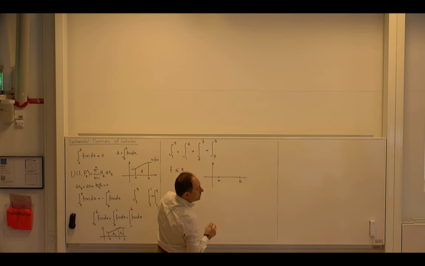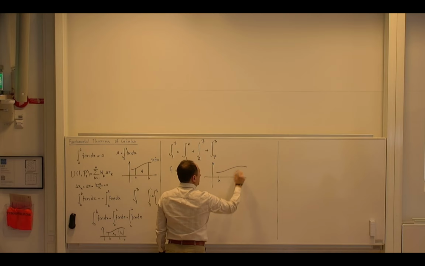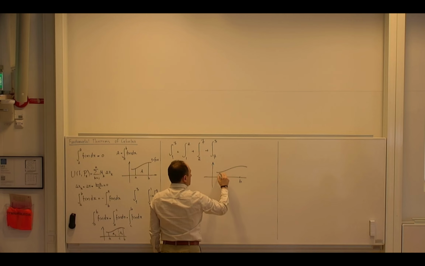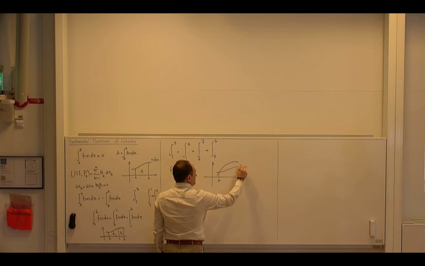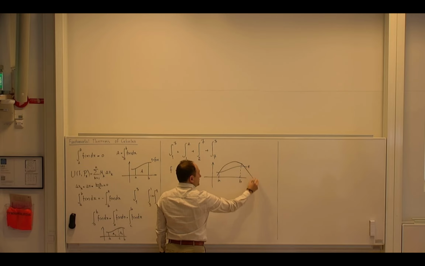Is this notation I used? Yes. So for example, if I have this one, this is the graph of f, and then I can draw the graph of g like this. For example, something like that, and it can go down, okay? So this is the graph of g, this is f, this is g.